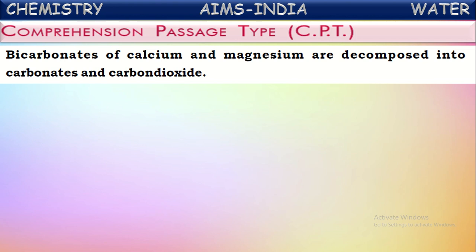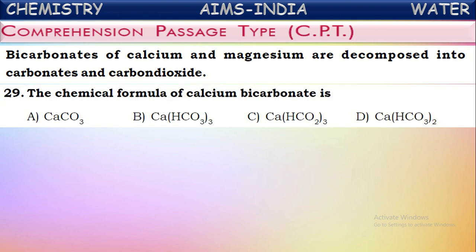Okay, now let us see the questions related to this passage. See the first one. The chemical formula of calcium bicarbonate. Calcium bicarbonate is also called calcium hydrogen carbonate. See which is the correct formula for that. The ions present in that are Ca2+.